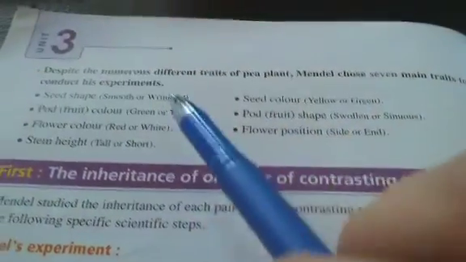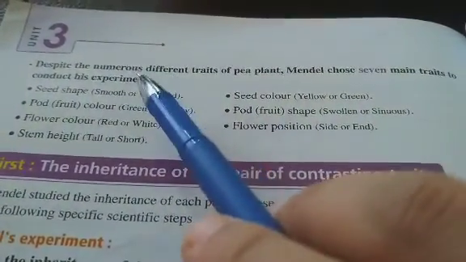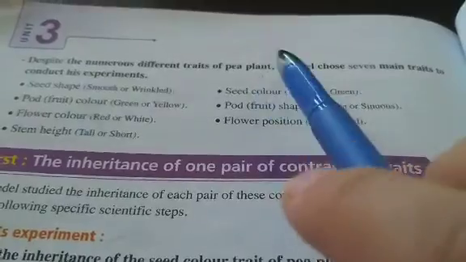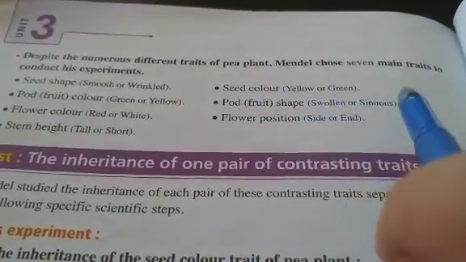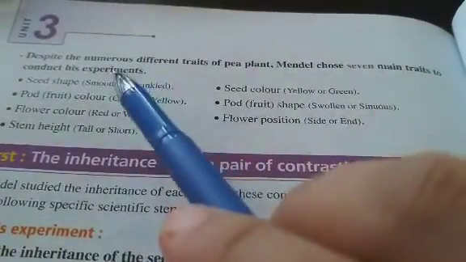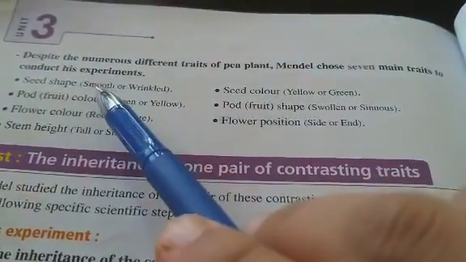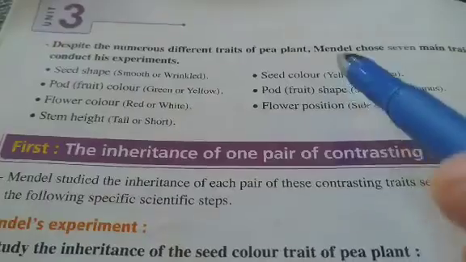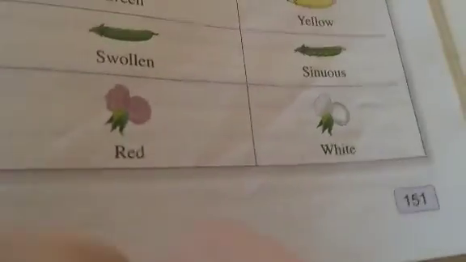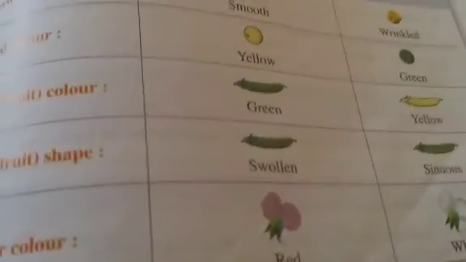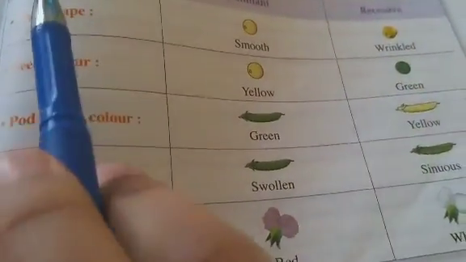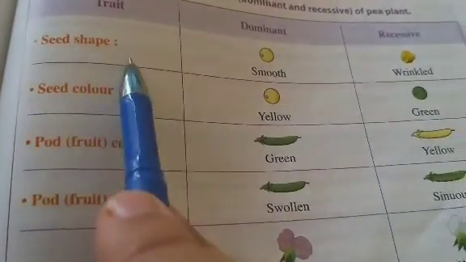Okay, girls, now, despite the numerous different traits of the pea plant, Mendel chose 7 main traits to perform his experiments. He chose only 7 main traits. We will take them from this table to see the shape of them. The first trait here is seed shape.